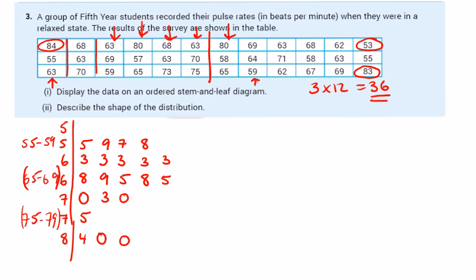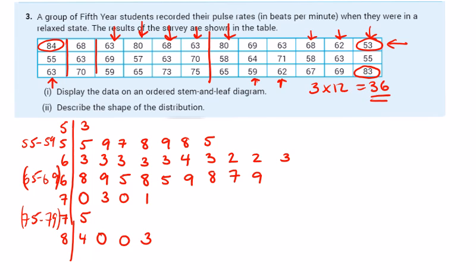Now 69, 64, 59, 63, 71, 62, 68, 58, 67. And 62, 63, 69, and then finally that last column, 53, 55, and 83.